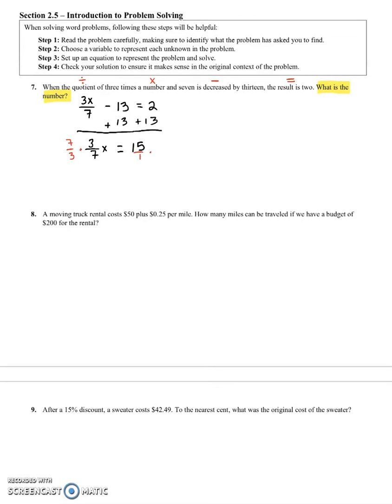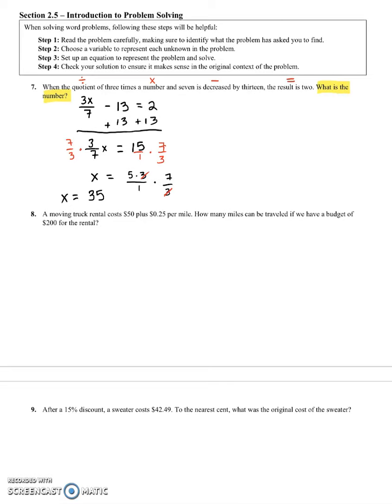And we need to do that on both sides, of course. So the 7/3 and the 3/7 cancel out, leaving us with an x. And 15 is 5 times 3 over 1, and that's times 7 over 3. The 3's cancel. And that leaves us with x equals 5 times 7, which is 35.